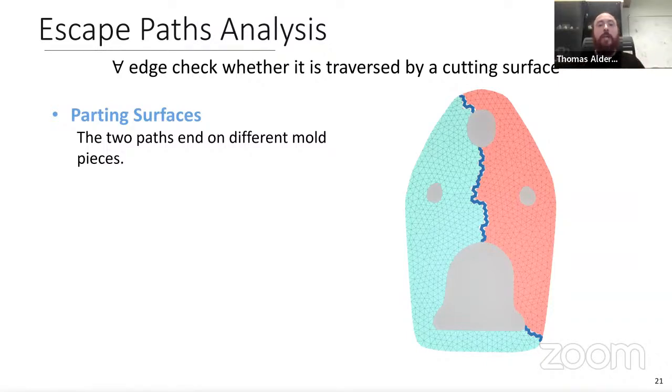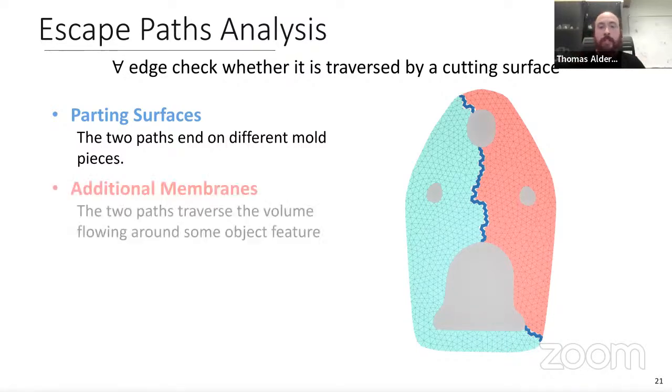Looking at it, you can assign to each vertex of the mold interior a label depending on the external surface partition in which its escape path ends. So this partitions the interior mold volume into two regions, and the parting surfaces will be then defined to cut through all the edges that cross the boundary between these two regions.